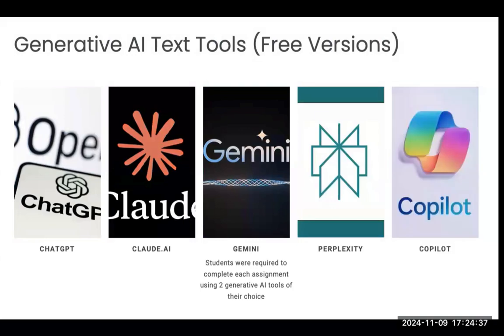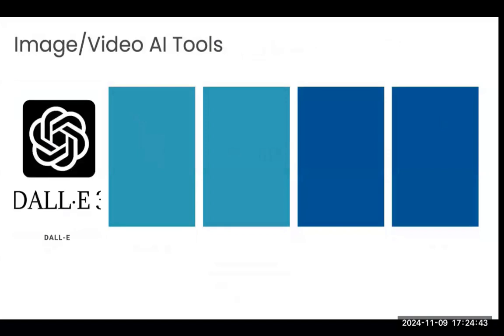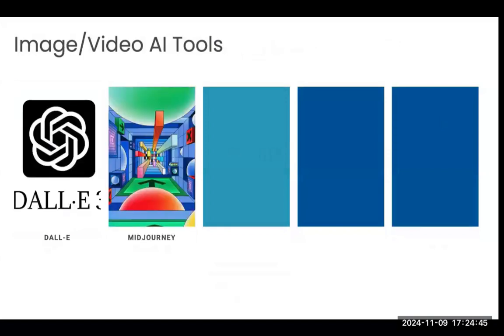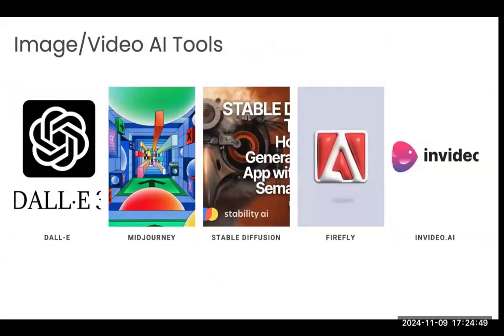We also selected a few image and video AI tools such as DALL-E, Midjourney, Stable Diffusion, Firefly, and InVideo. So all students are required to use multiple tools for each assignment, promoting a comprehensive understanding of different AI capabilities.